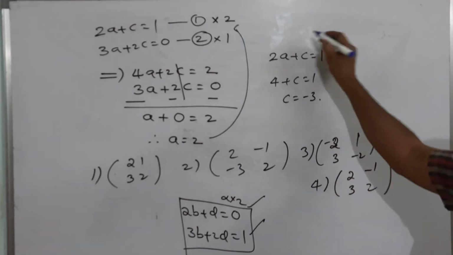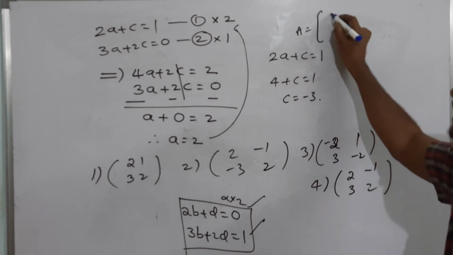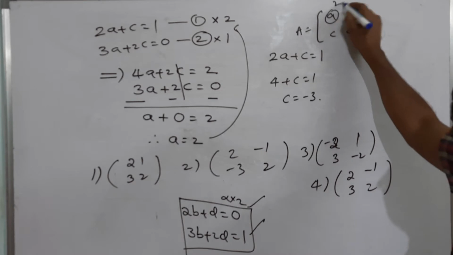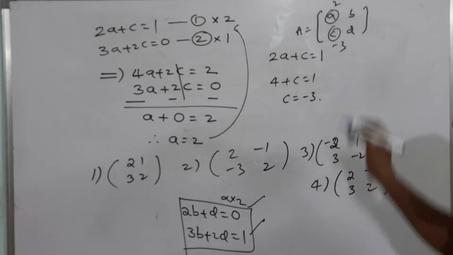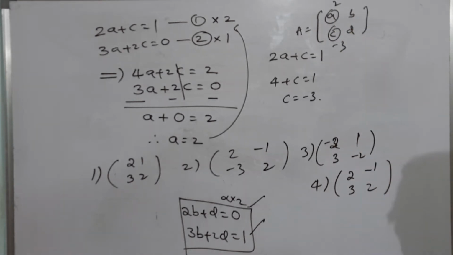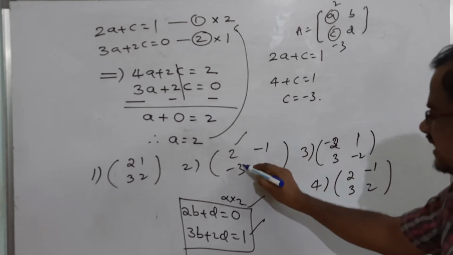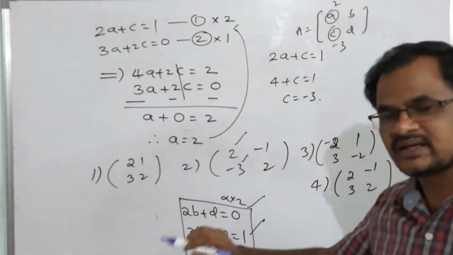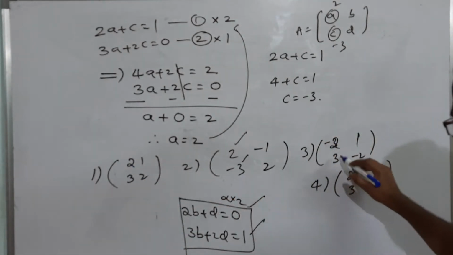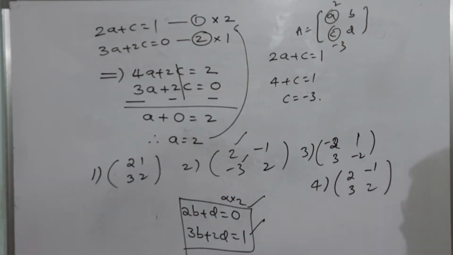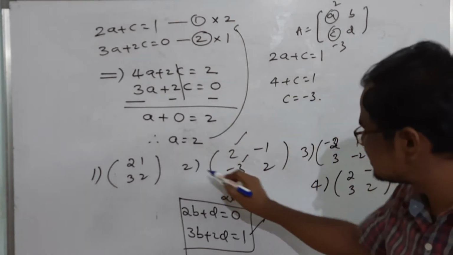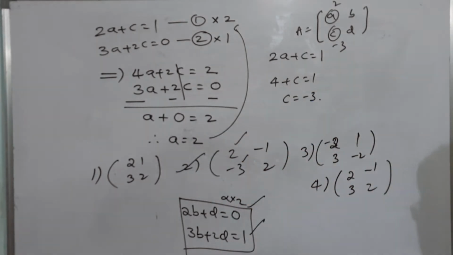So here, we have taken a, b, c, d. So a equal to 2 and c equal to minus 3. In these four options, here a is 2 and c is 3, here minus 2, 3, here 2, 3 again. But a equal to 2 and c equal to minus 3 is only in the second option.